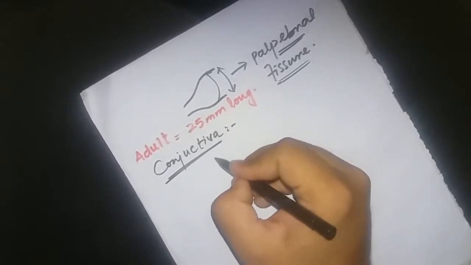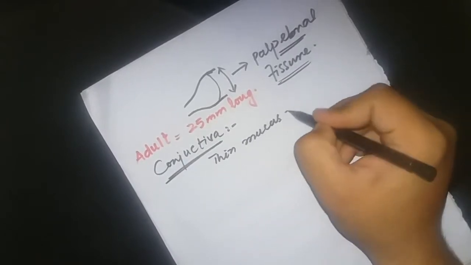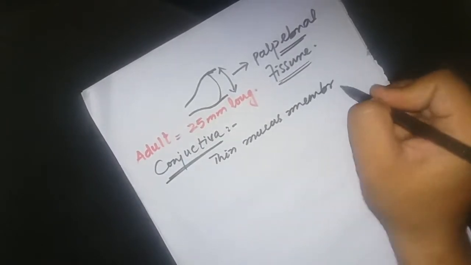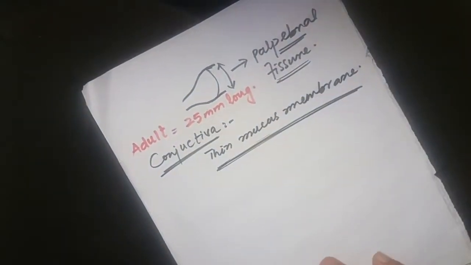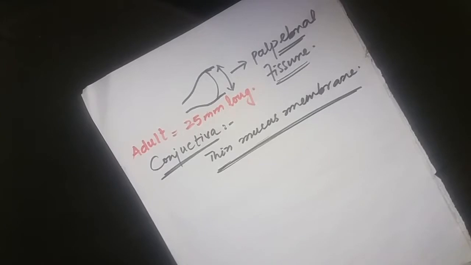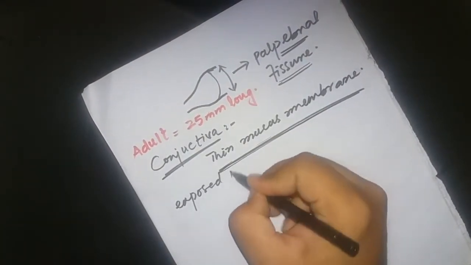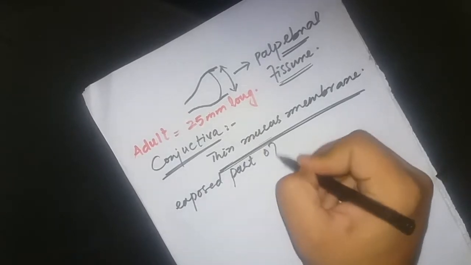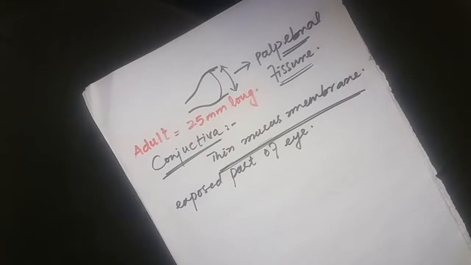It is a thin mucous membrane which covers the exposed part of the eye, or you can say which covers the cornea.